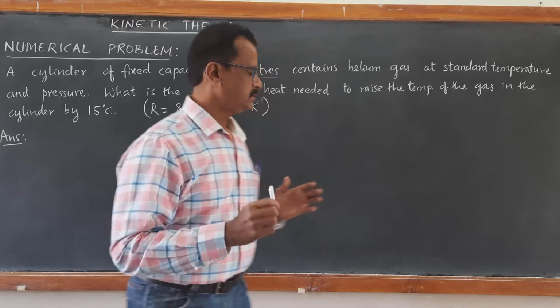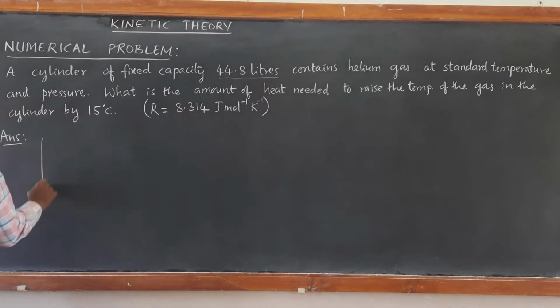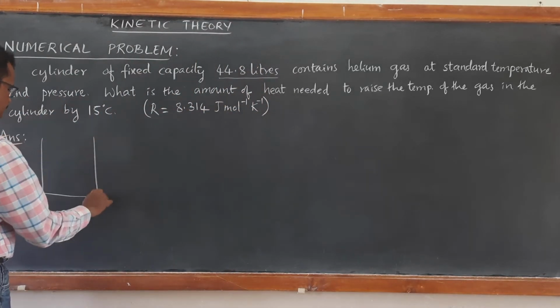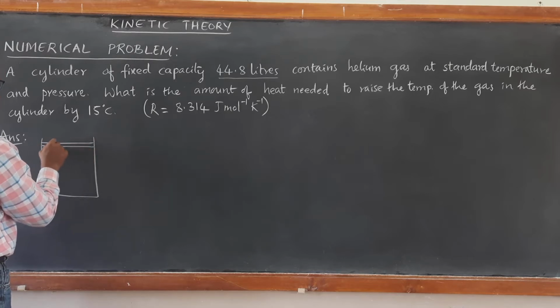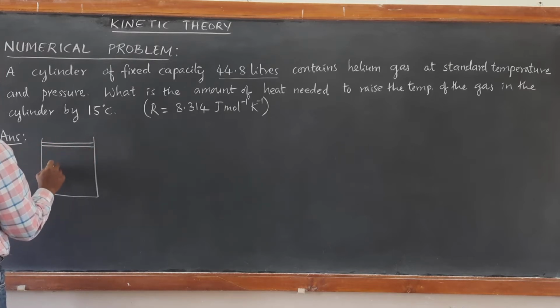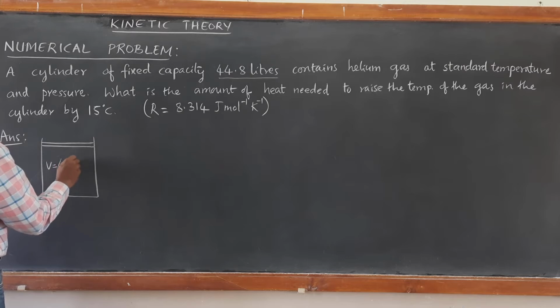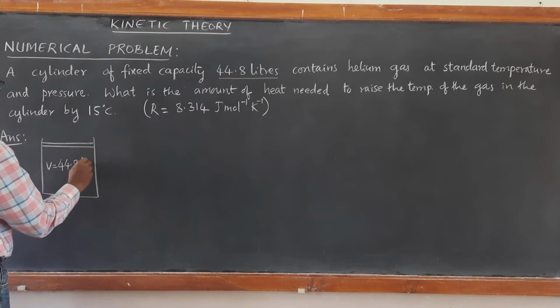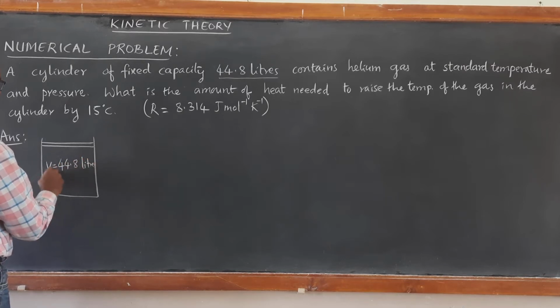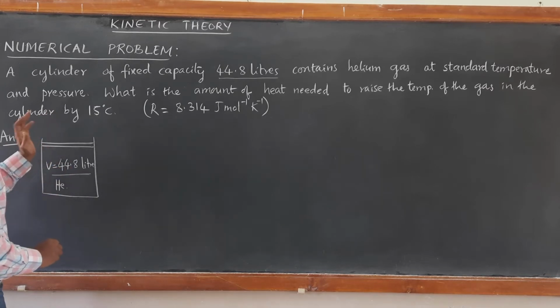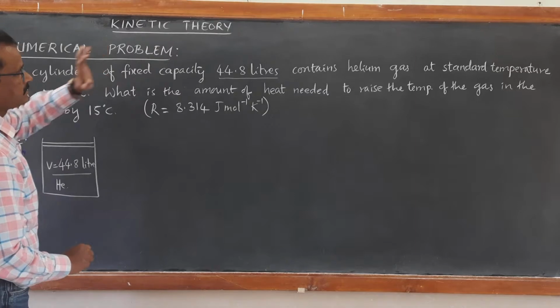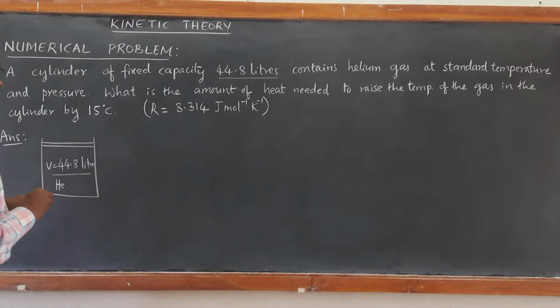So there is a cylinder which is of a fixed volume, and the volume is 44.8 liters, and it is filled with helium gas, right, at standard temperature and standard pressure.